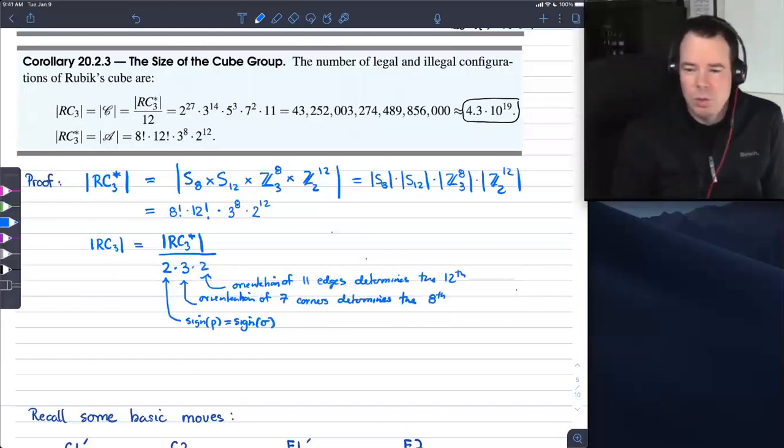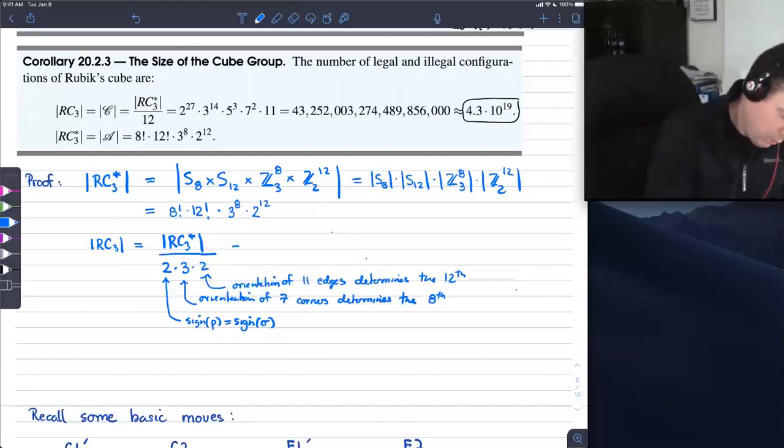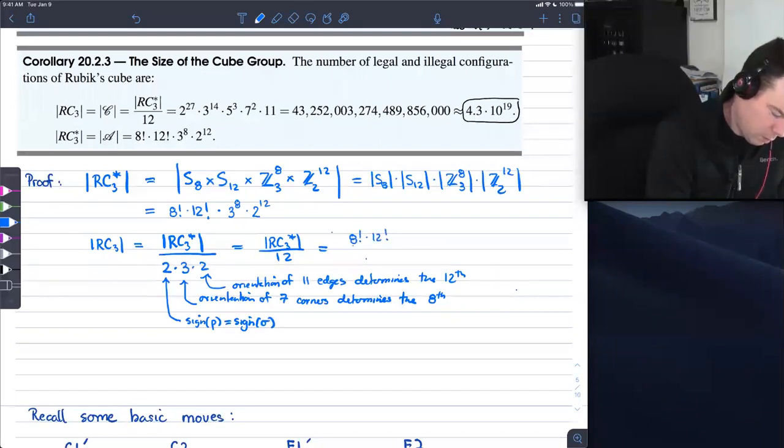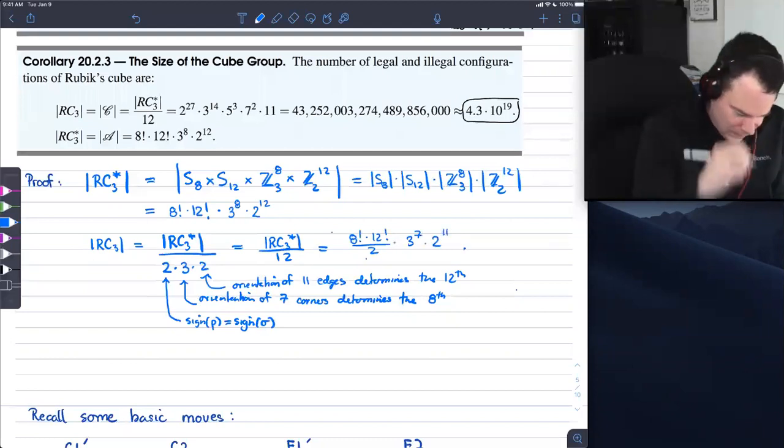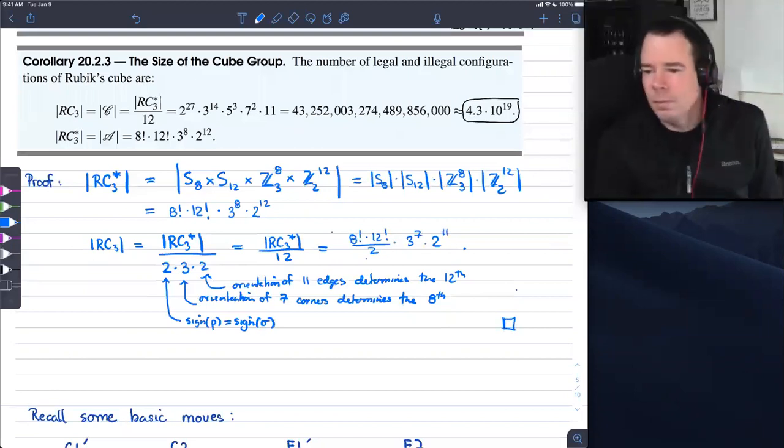We have to divide by 2 times 3 times 2, or in other words, we divide by 12. So it's RC3 star divided by 12, or it's 8 factorial times 12 factorial divided by 2 times 3 to the 7 times 2 to the 11. And that's the end of our proof.